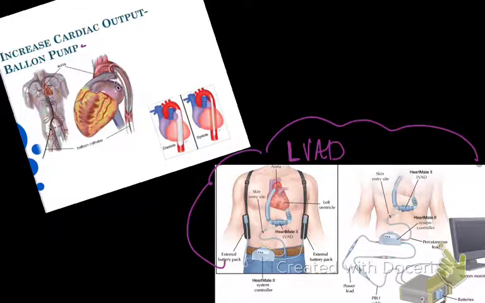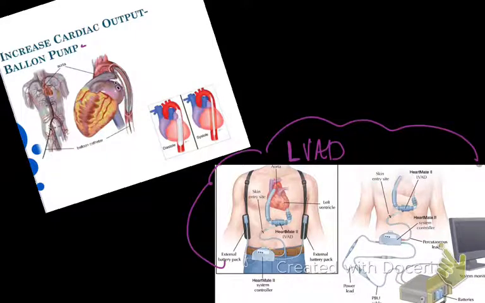I also just want to backtrack a minute. Just be aware, too, of your balloon pump and the indications and contraindications. The indications is a bridge as well to heart transplant. It's sometimes post-op, pre-op, and intraoperatively used. So there's different reasons, cardiogenic shock, so there's different reasons for using the balloon pump.